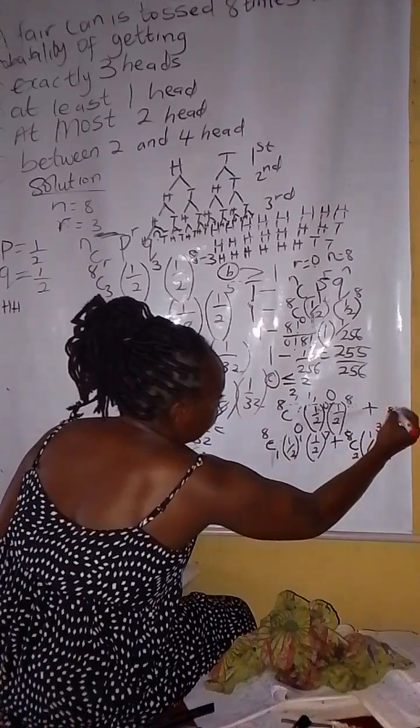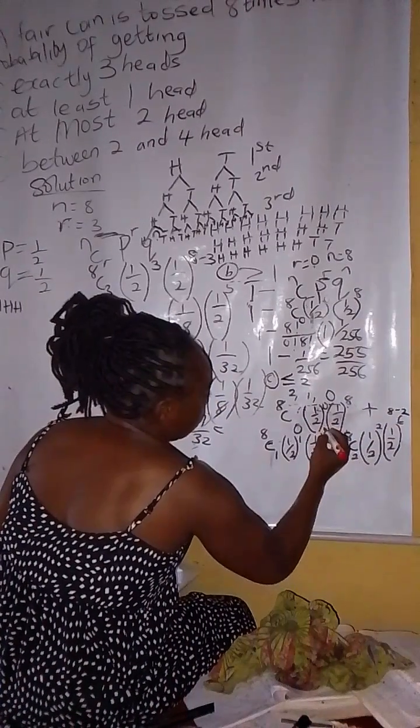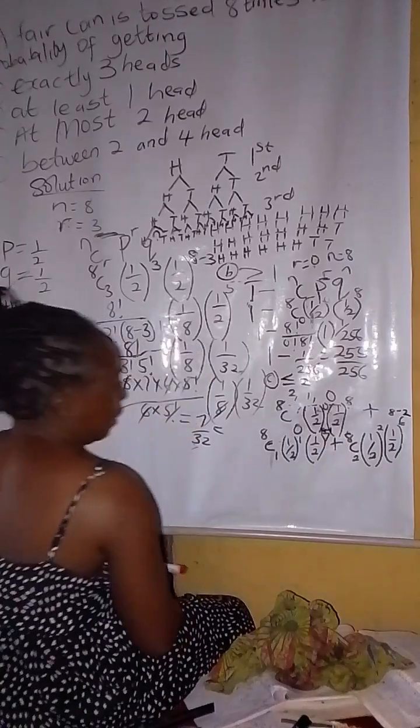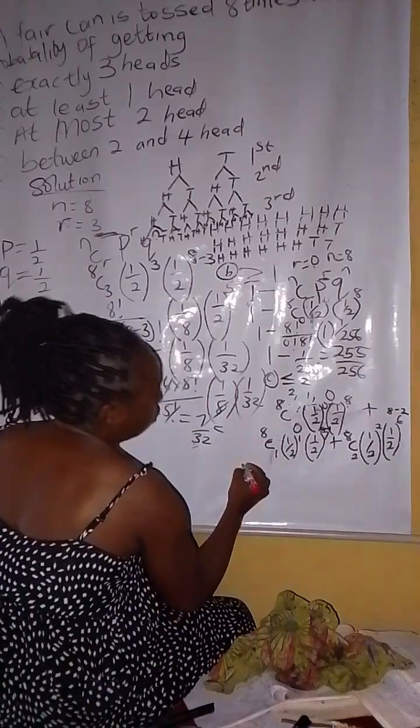Remember, this is 8 minus 2, this is 8 minus 1, like that. So we continue.